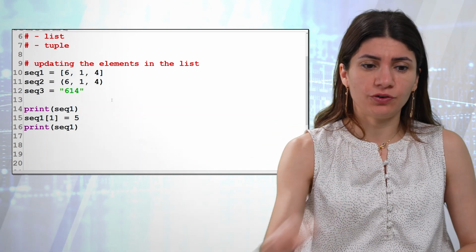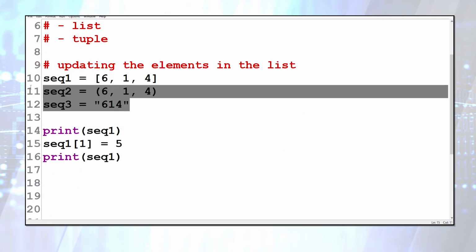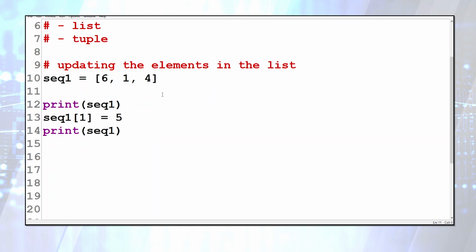So this first one was changing a value inside your list. I'm going to get these two out for now because we are only focusing on a list. And we changed the value inside the list. Now we are going to try some other stuff that goes with updating a list. There are a bunch of operations that you can do.